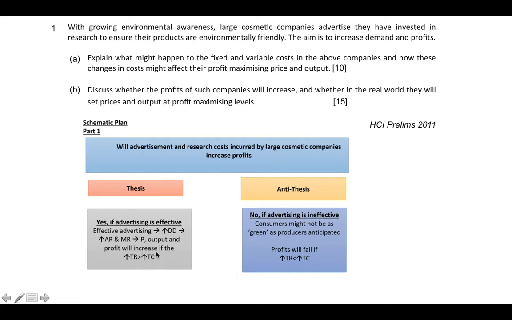Profit will increase if the increase in total revenue is more than the increase in total cost, because when you undertake advertisement and R&D, remember your total cost increases. So for your profits to increase, your increase in total revenue must be greater than your increase in total cost. This part is important to indicate as well. So this is our thesis.